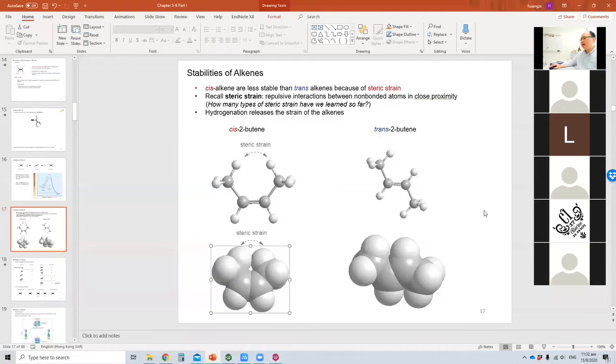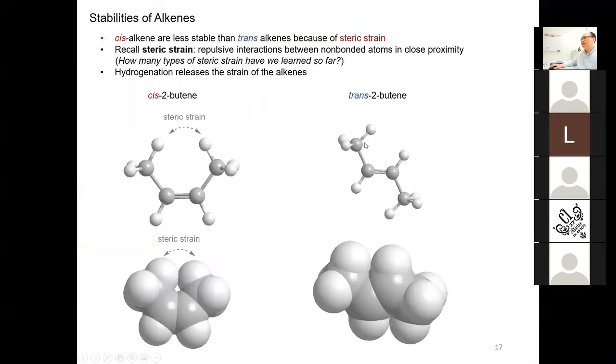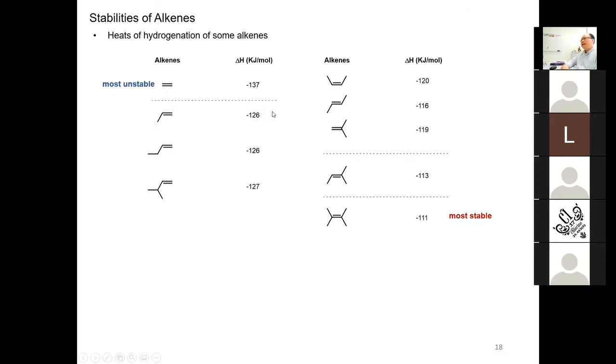And for the trans alkenes, it doesn't have this problem, right? Because, for example, this group and this group are far away from each other, and these are also far away. You can see this space filling is quite comfortable. The two hydrogens are not touching each other. See, still some space here. Pretty comfortable. So how about we extend the comparison of energies of all these types of olefins?